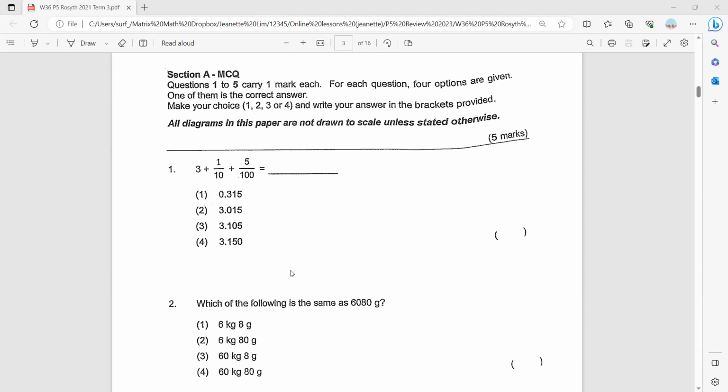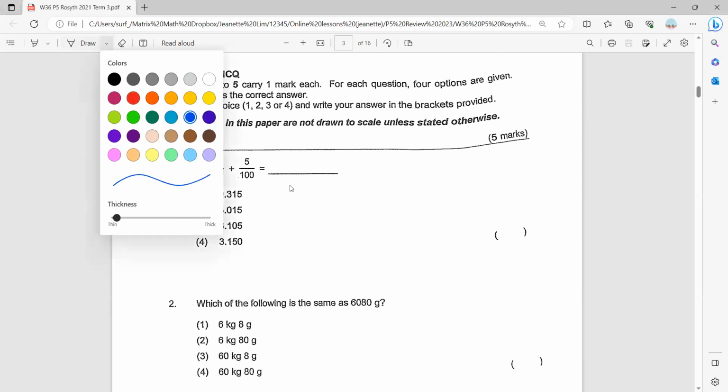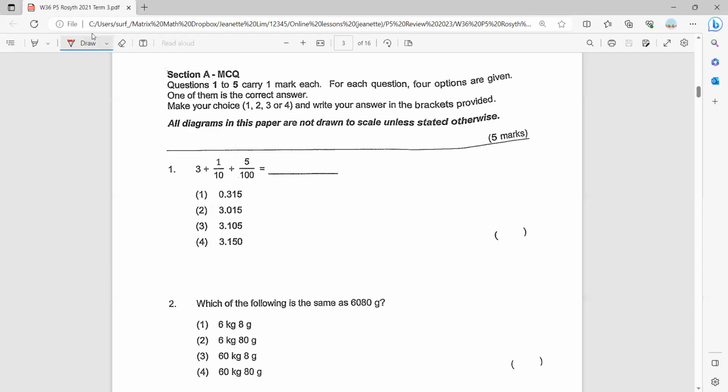3 plus 1/10 plus 5/100. So 1/10 as a decimal is 0.1 because the tenths place is the first one after the decimal point. So 5/100 is 0.05.